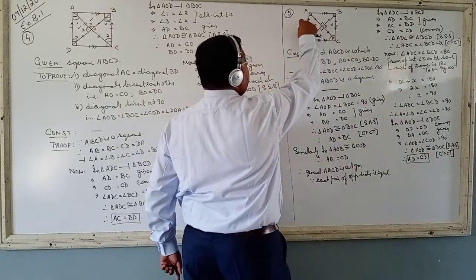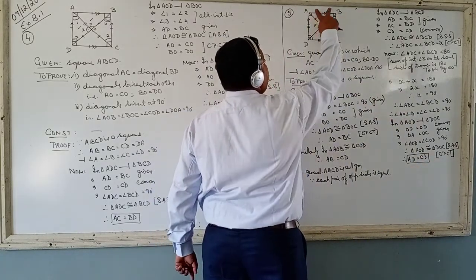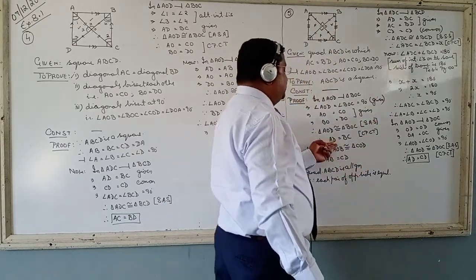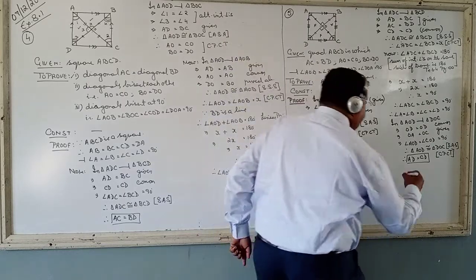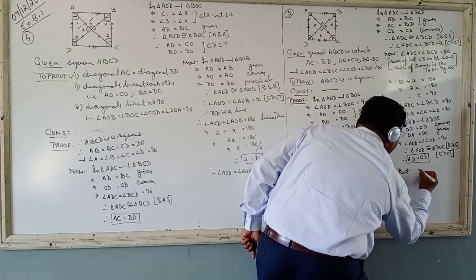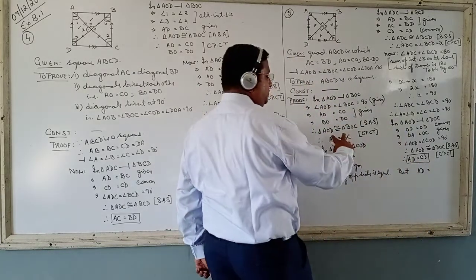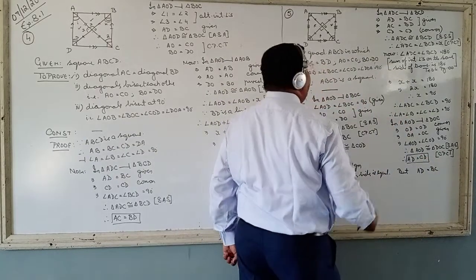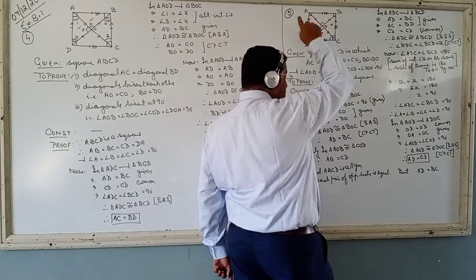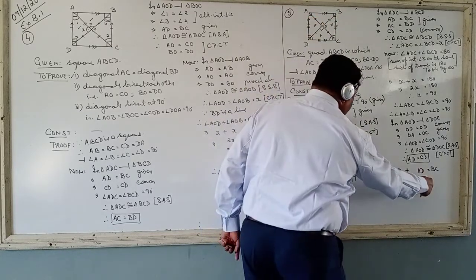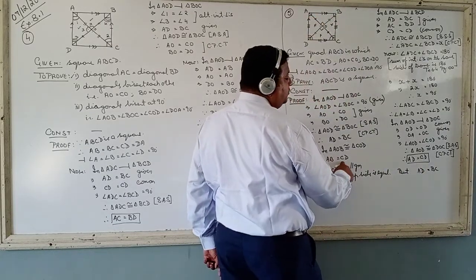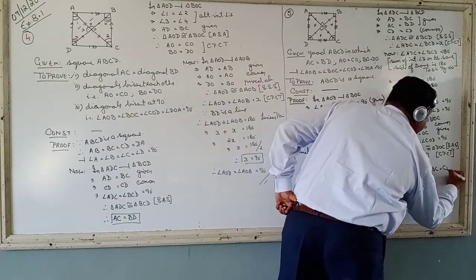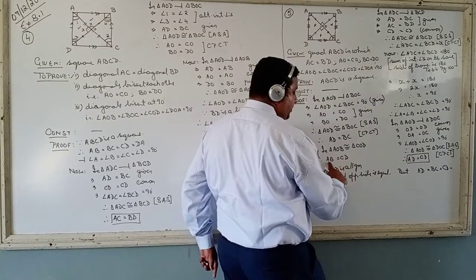But observe, sir, AD was equal to BC and CD was equal to AB. We have proved that opposite sides are equal. But AD is equal to BC, right? And BC was equal to AD and AB was equal to CD. And AD is also equal to CD and CD is equal to what? AB.